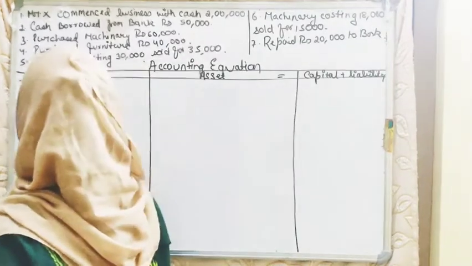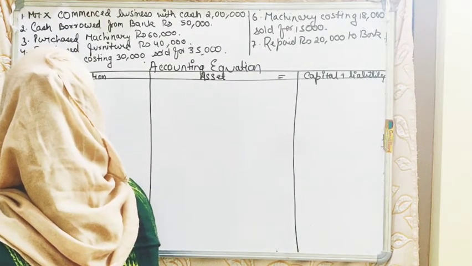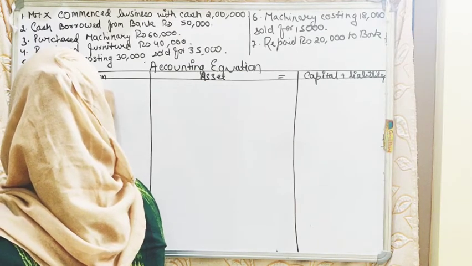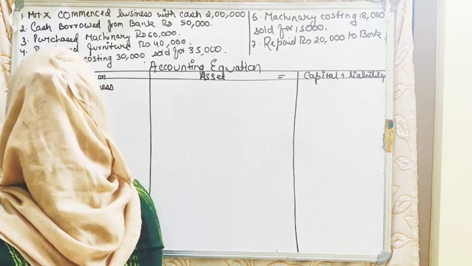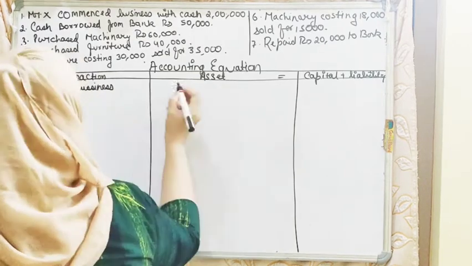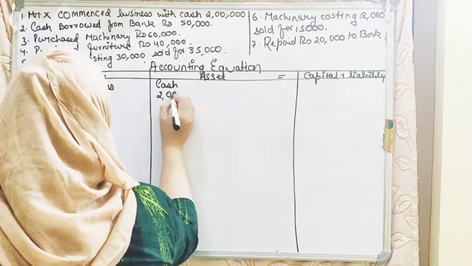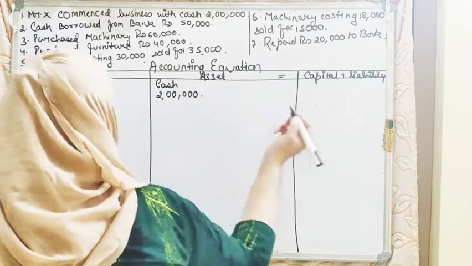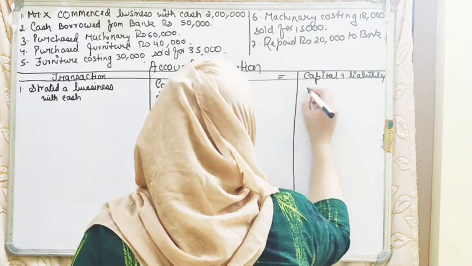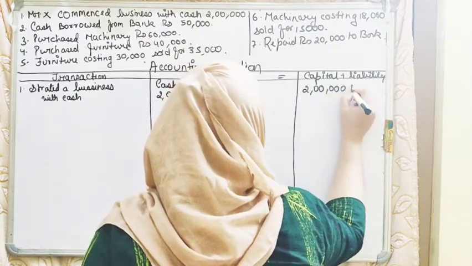Number 1, started a business with cash. So we'll write here cash, 2 lakhs. We'll write here is equal to, in the capital column 2 lakhs plus 0.